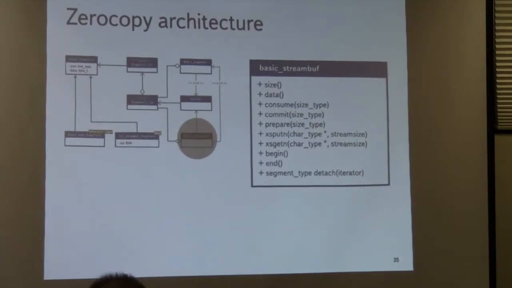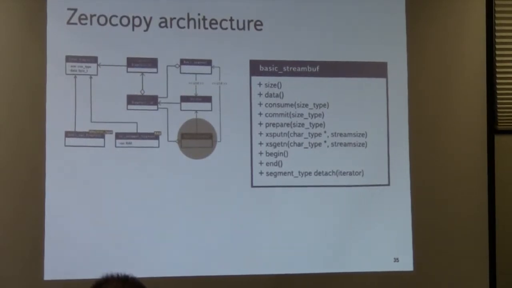Here is the top level entity, basic stream buffer. It implements three interfaces. The STD stream buffer interface with xsputn, xsgetn, and others.